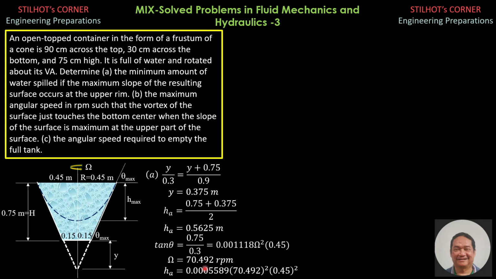I think double that value. So, a half of this value rather. You just verify. So substitute h equals 0.5625 meters, which is the same as this.